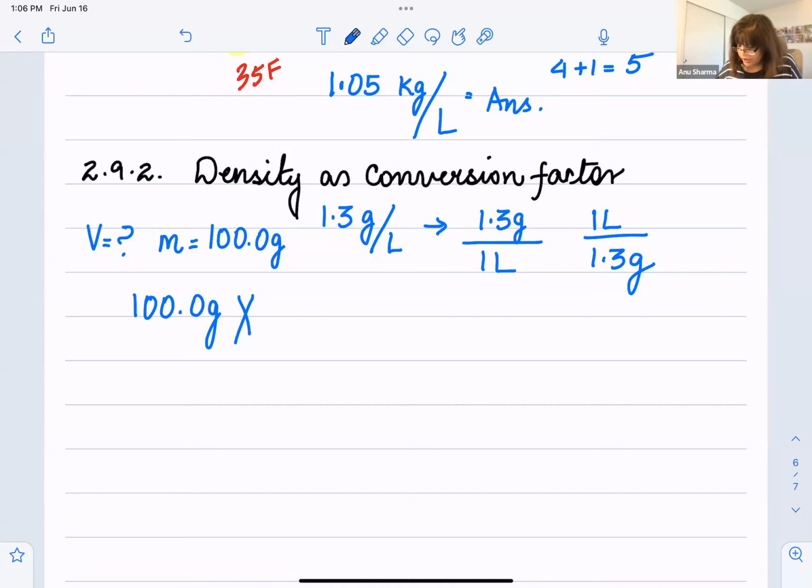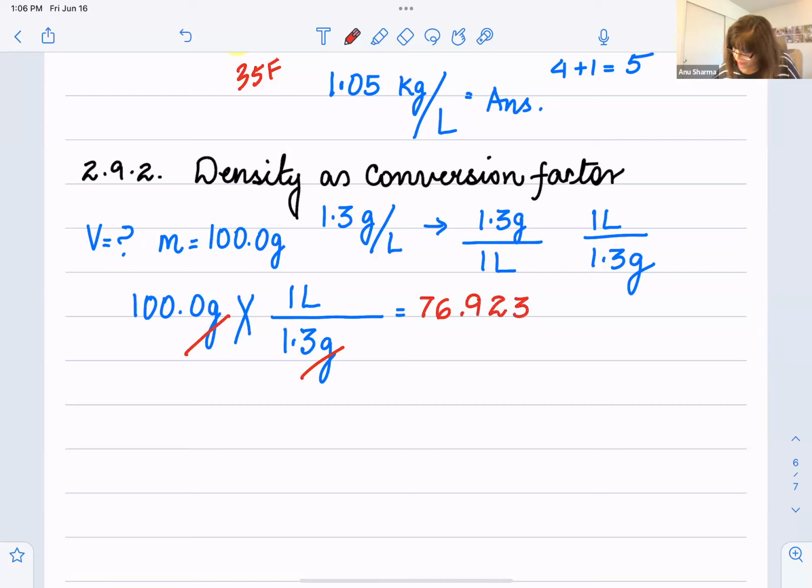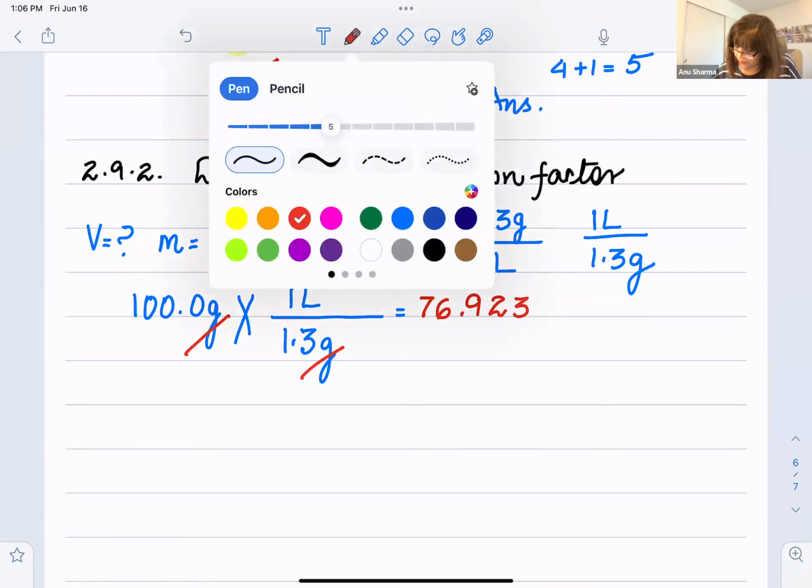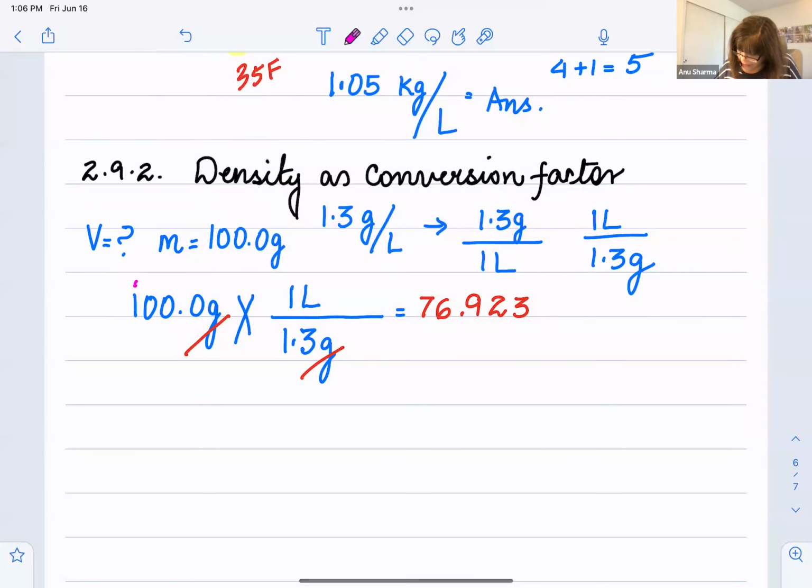Write that down times the conversion factor that allows us to get rid of the grams and gives us the liters. So the grams and grams cancel out. This becomes 100.0 divided by 1.3, and you have 76.923, and so forth.